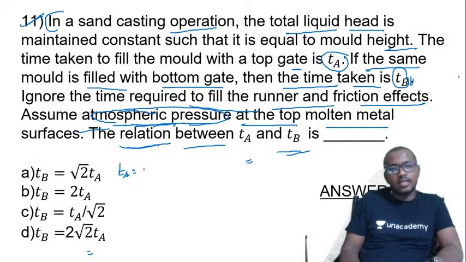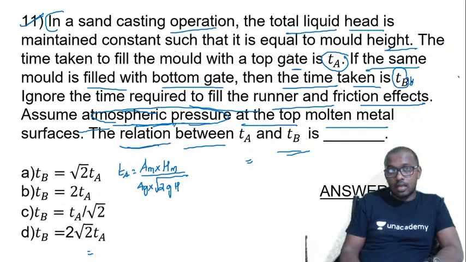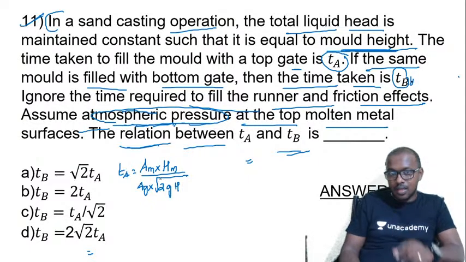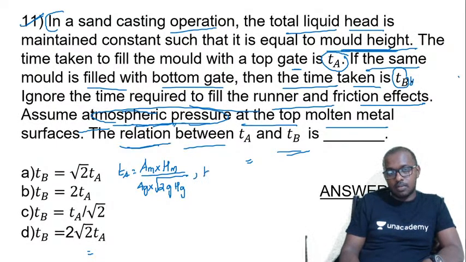So we know that TA is equal to volume, which can be written as the area into height of the mold cavity, divided by the gating area into root over 2 into g into h. Here we have to understand that h is equal to the mold height. The total liquid head is maintained. According to that statement, HM is equal to HG.